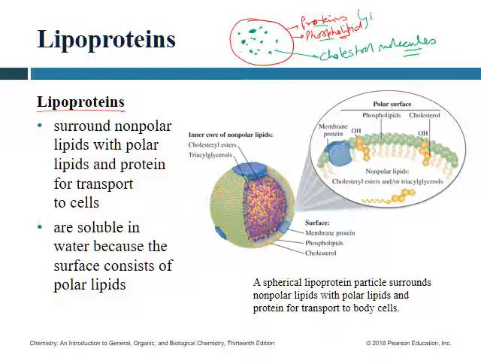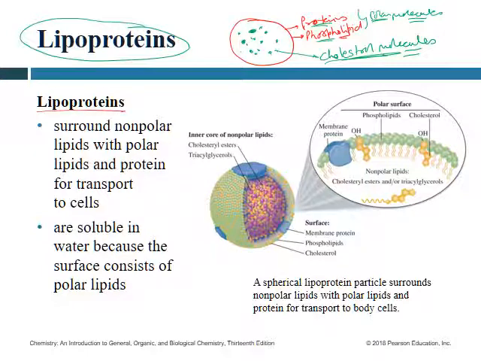have a polar head, right? Polar molecule, and they can dissolve in, or be transferred through, blood, because blood is also polar. So when the lipid or cholesterol molecule gets surrounded by proteins or lipid, we call that surrounding a lipoprotein.